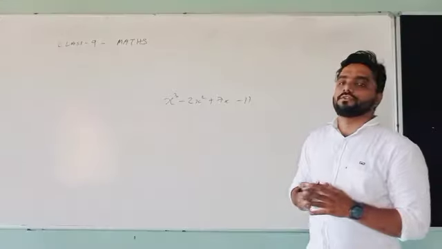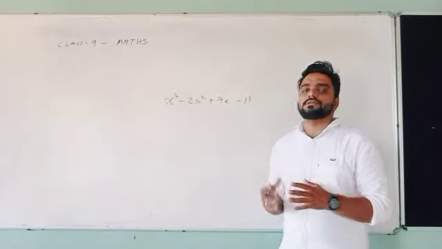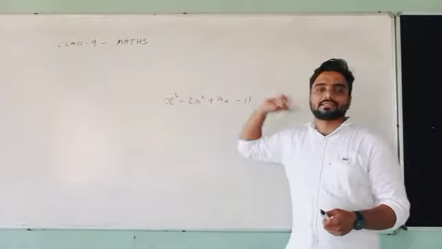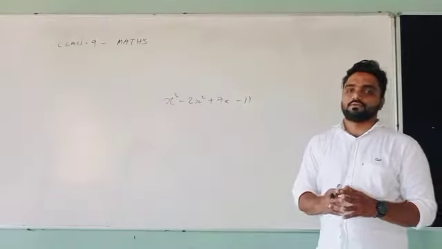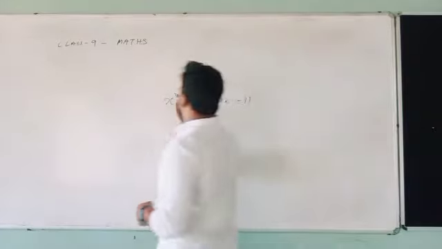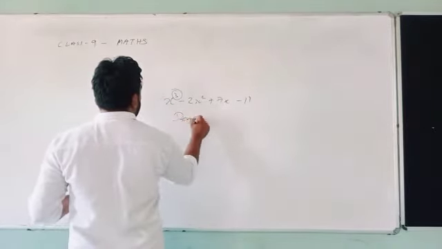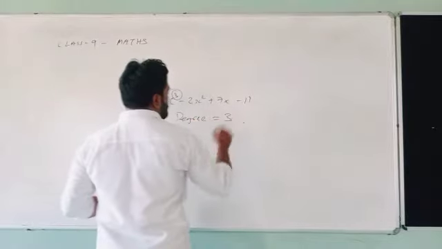The degree of this polynomial is nothing but the highest power of the variable, means the maximum power of the variable, understand or not. Here the maximum power of x is 3. So the degree of the above polynomial is 3.